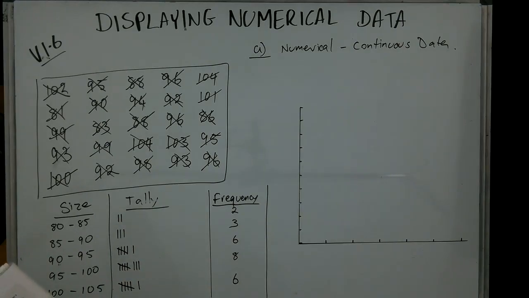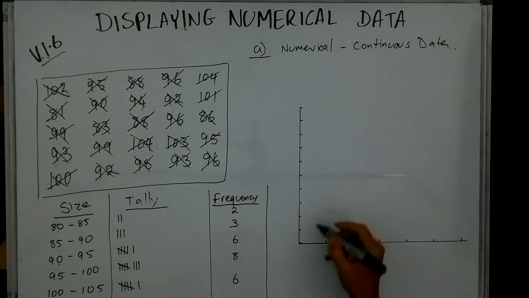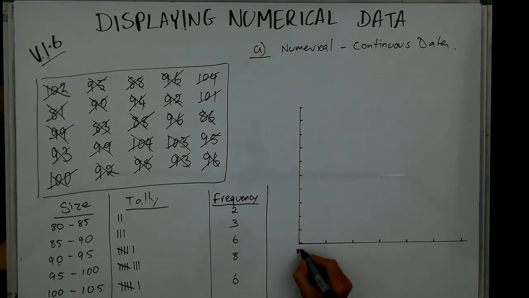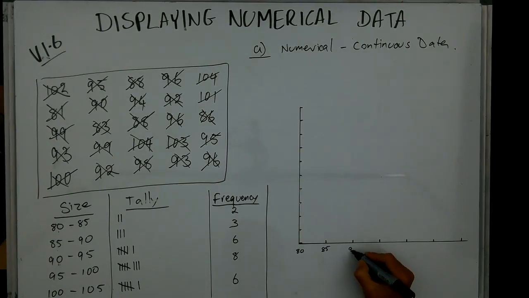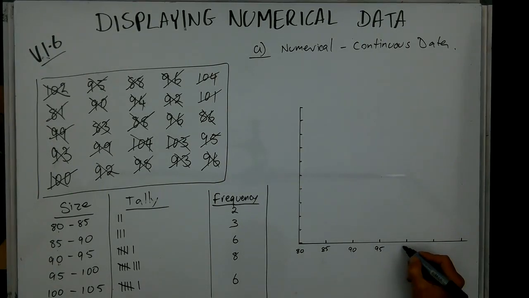Now, draw a histogram of the data. Because this is grouped, I'm going to put the numbers where the histogram bars actually start. So we're going to have 80, 85, 90, and so on up to 105. We don't need that last one.